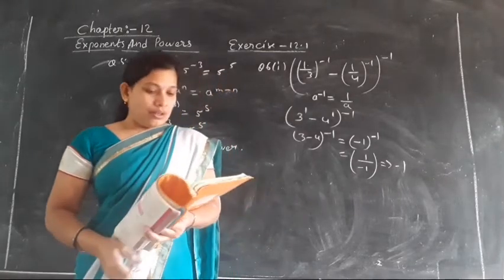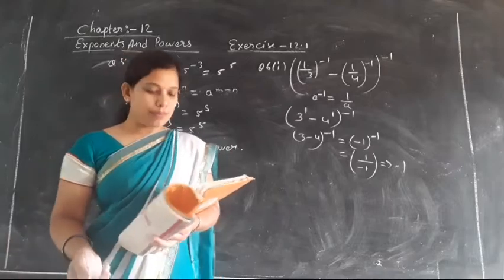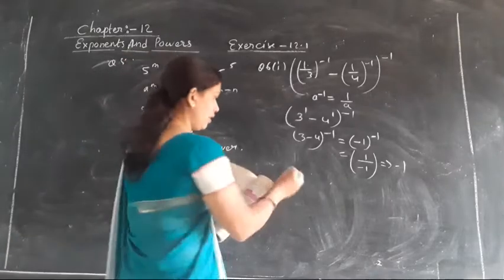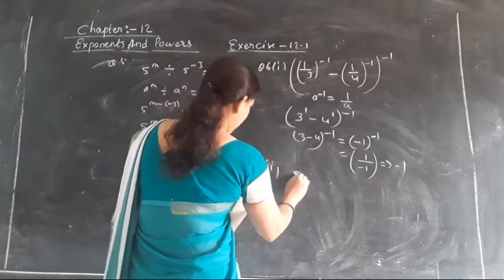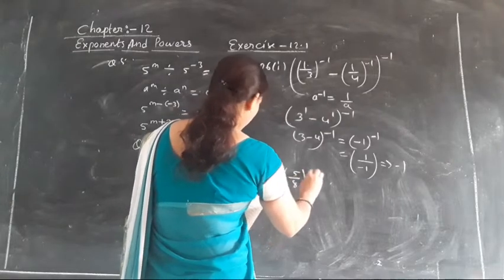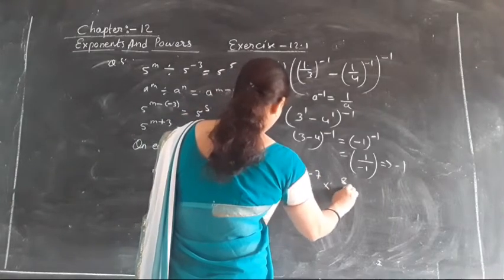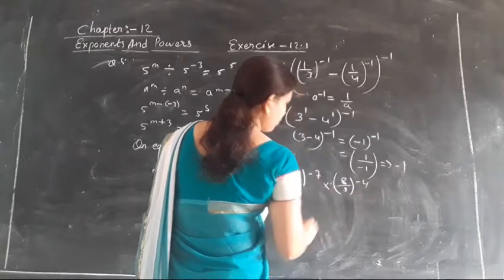Okay. Now the second part is a simple one. Just expand it. The second part of this question is (5 to the power 5 upon 8) to the power minus 7 into (8 upon 5) to the power minus 4. Isn't it?